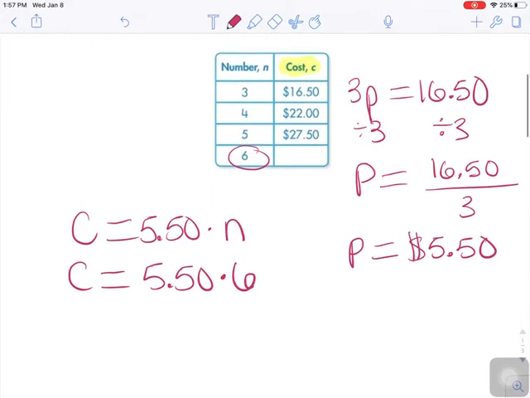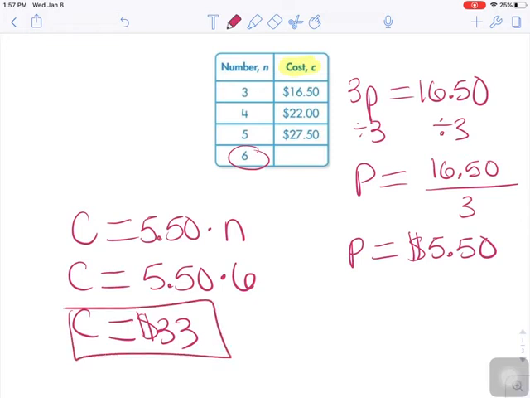So what would our total cost be if we have $5.50 times 6 tickets? Our total cost is going to be $33.